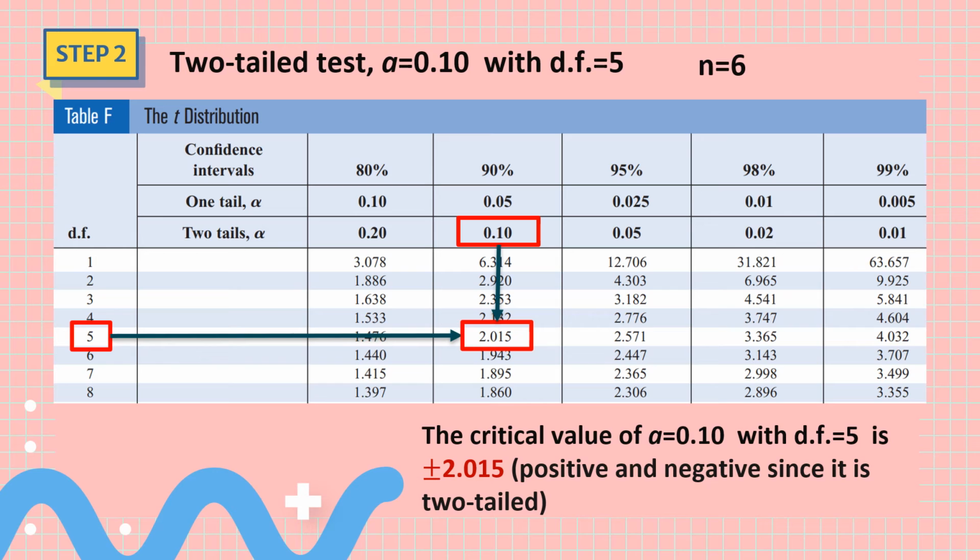We have in our given problem a two-tailed test with alpha 0.10 and degrees of freedom 5. So our critical value is 2.015. It will be positive and negative 2.015 since our problem is a two-tailed test.